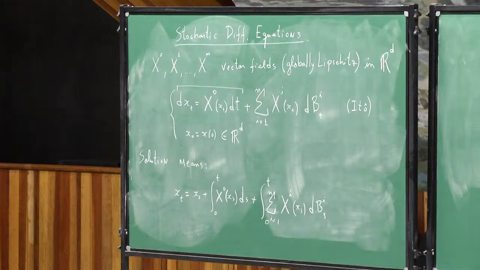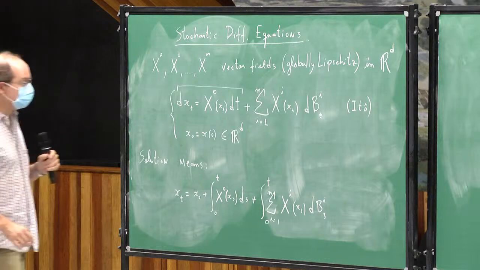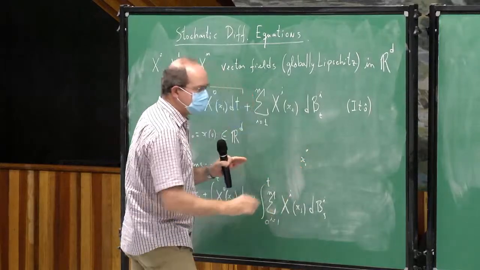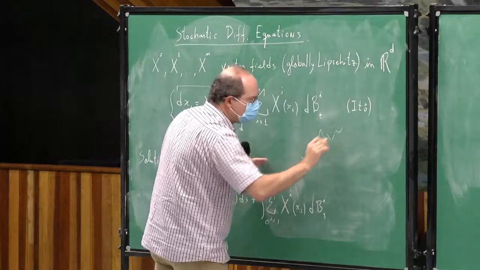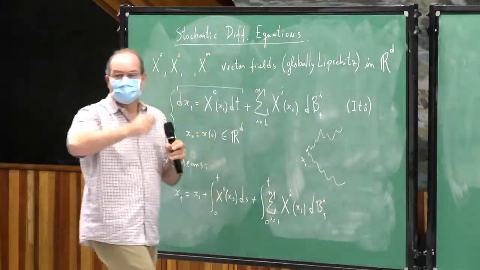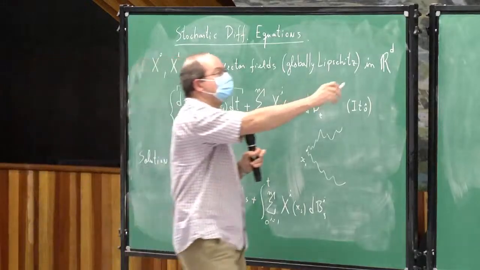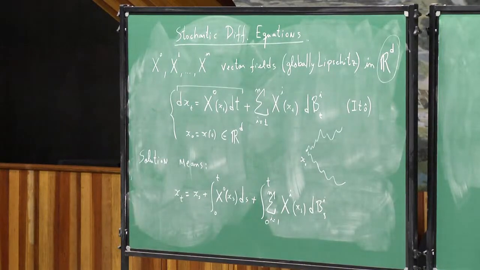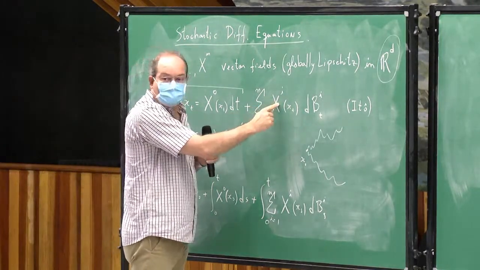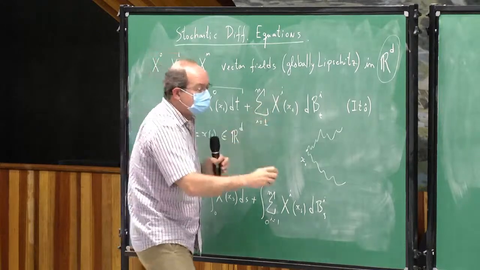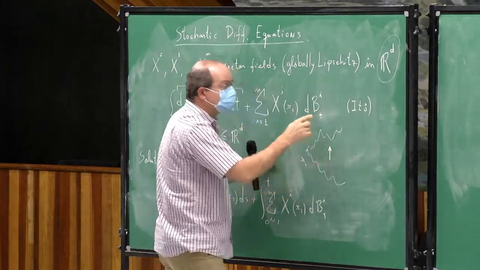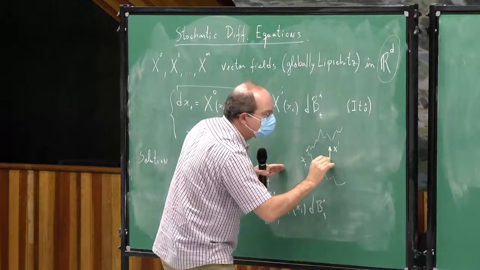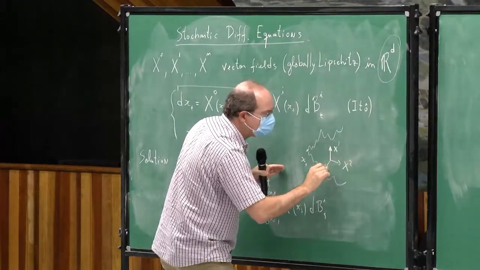Right. So a rough idea of what is going on is that we have a starting point x_0. The solution process is going up or down, or in all possible directions in R^d, such that these vector fields X_i give the directions where this noise is going to be applied. So we have a direction X_1, a direction X_2, a direction X_3.